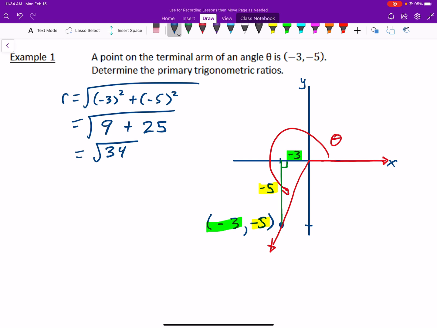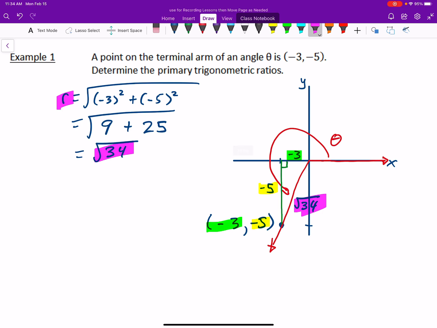It's not going to be a perfectly round number because square root of 36 is 6. Square root of 34 is not a perfect square. So maybe I'll just leave that as a radical for now. So just write it as square root of 34. So now I've got, and I'll highlight it just so it pops out a little bit there, r and x and y values.